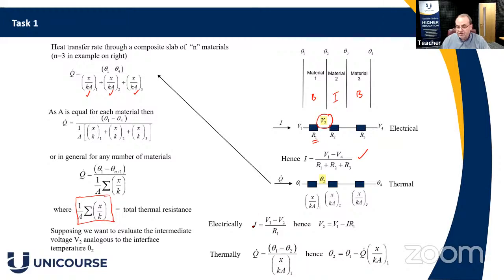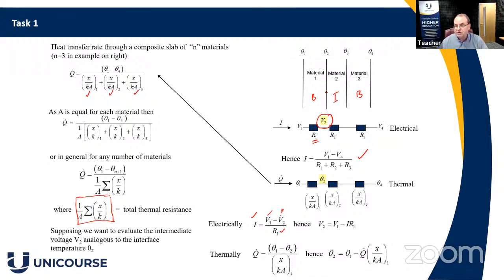So we look at V1 and V2, which we're trying to find, and the only resistance we have there is R1 in this case. So that allows us to calculate V2, which would be the voltage between resistance 1 and resistance 2. We could take exactly the same approach if we're going to find the temperature at the interface between material 1 and material 2.